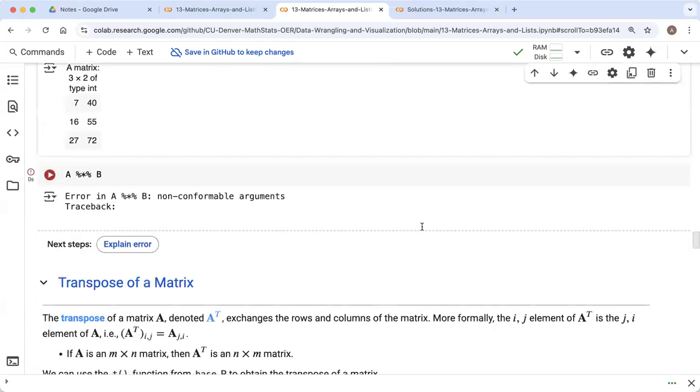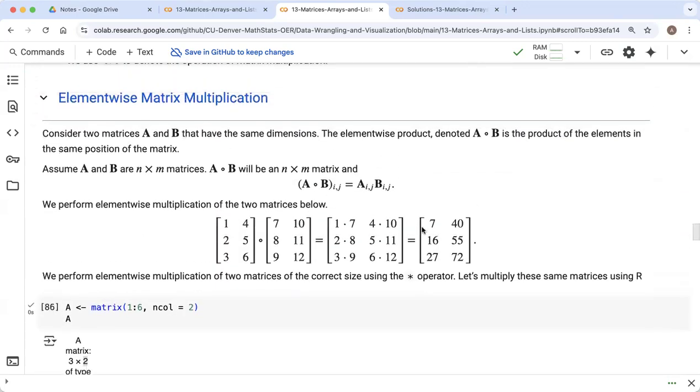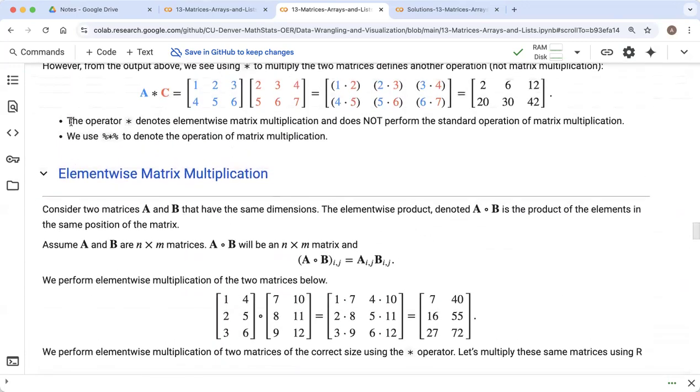So just to summarize, the main point here is we use the percent asterisk percent when we want to do matrix multiplication. Do not use the regular asterisk for matrix multiplication. That does something else that's called element-wise matrix multiplication, which is usually not what you want to do.